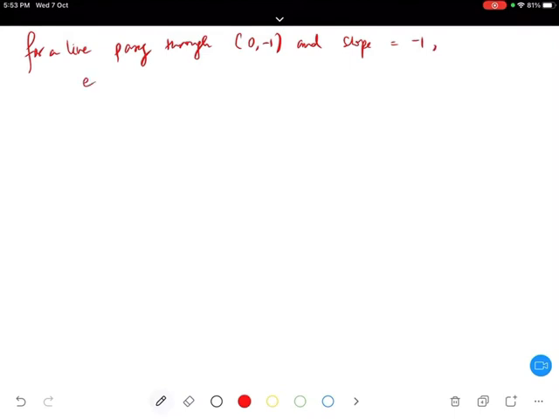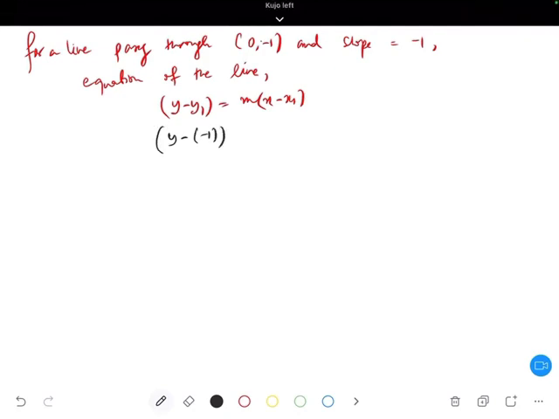So the equation of the line is y minus y1 is equal to m into x minus x1, this formula. So let us put those values. Y minus y1 is y plus 1, equal to m which is minus 1, and x minus x1 is x minus 0. So y plus 1 is equal to minus x. So the equation is x plus y plus 1 equal to 0.